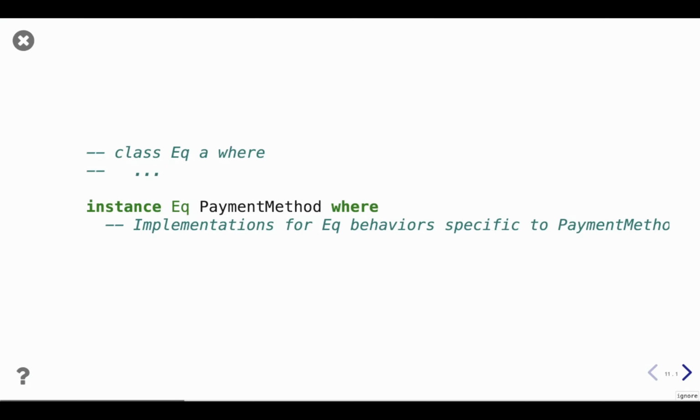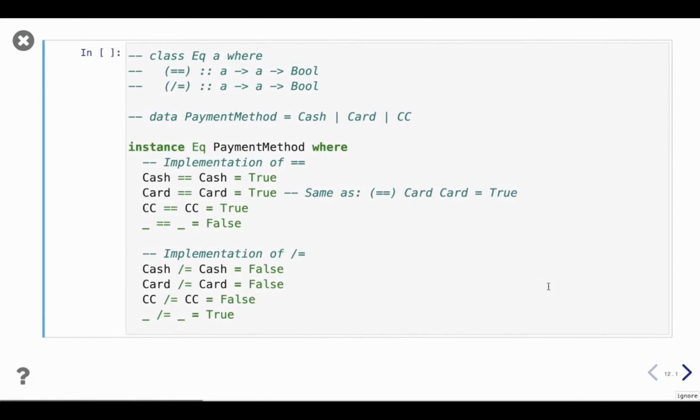As you can see, because now we are creating an instance of a type, we replace the type variable a we had in the type class definition with our specific PaymentMethod type. And because we are creating an instance for the Eq type class, we need to implement the equals equals and not equals functions. So we will do just that.